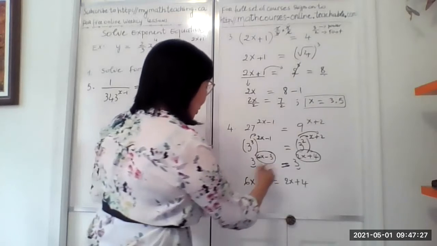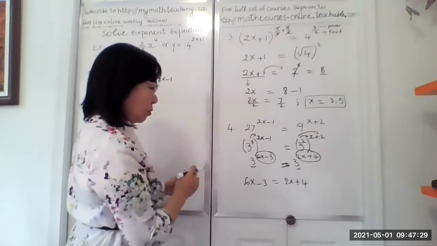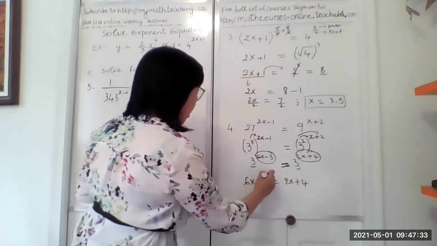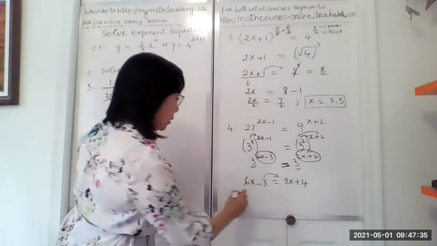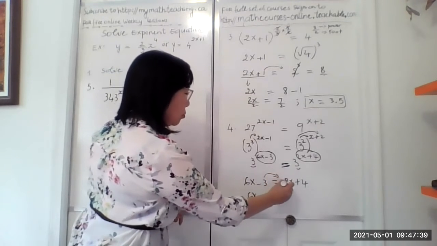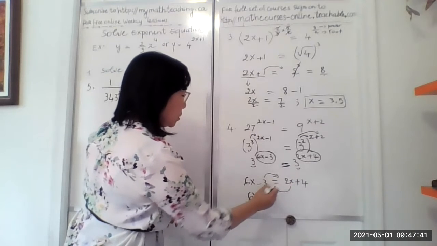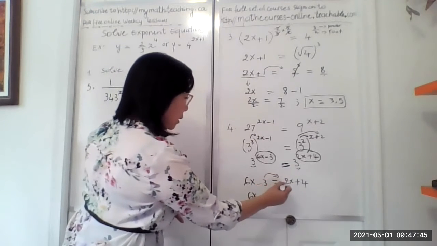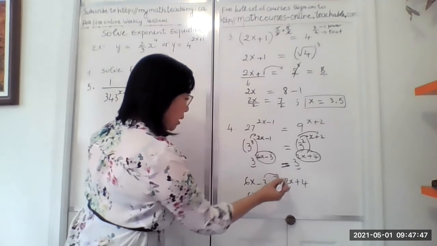So now, back to a normal equation, I'm going to keep the x on the left and move the numbers to the right. I'm going to keep 6x here. The 2x, I'm going to move over to put them side by side, and make sure I change the sign when I move.